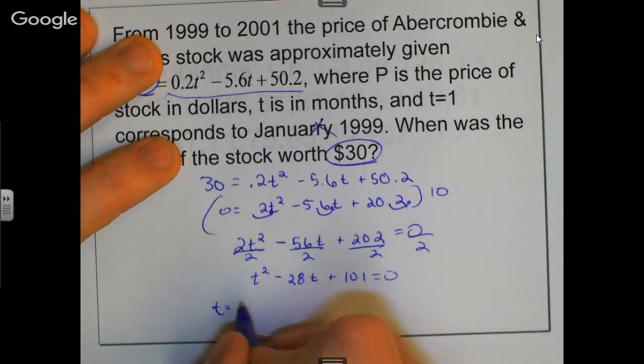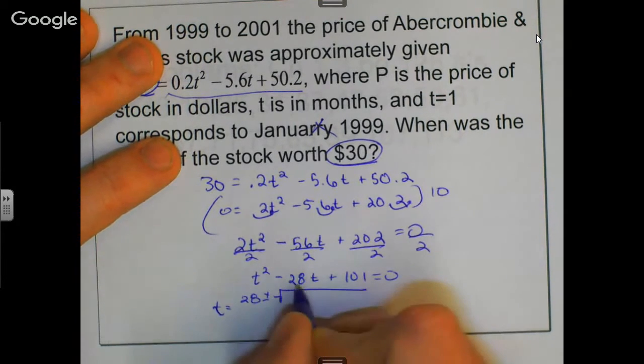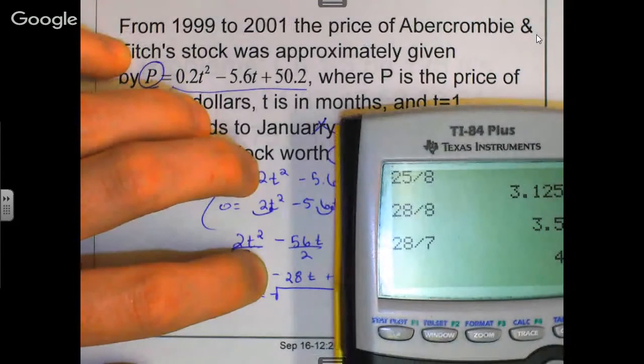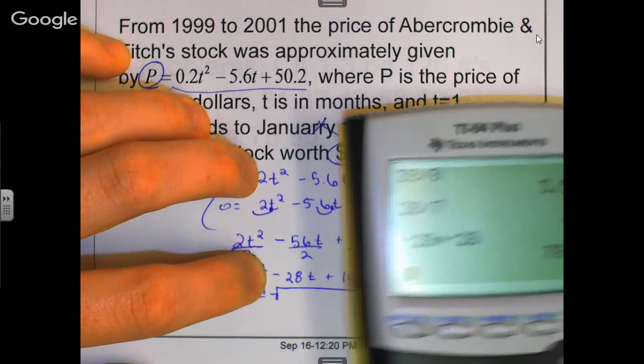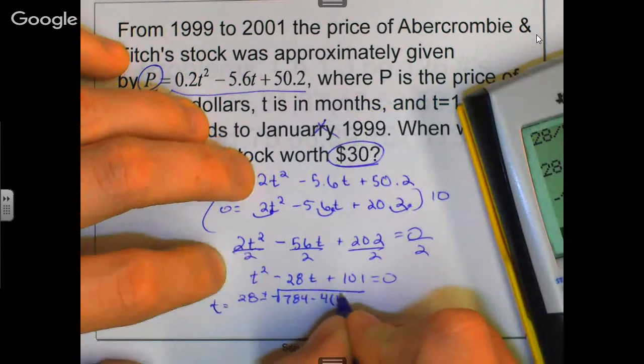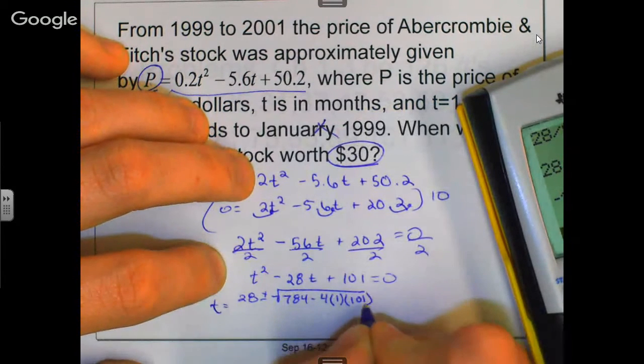So t equals negative b plus or minus the square root of b squared. So negative 28 times negative 28, so 784 minus 4ac all over 2a.